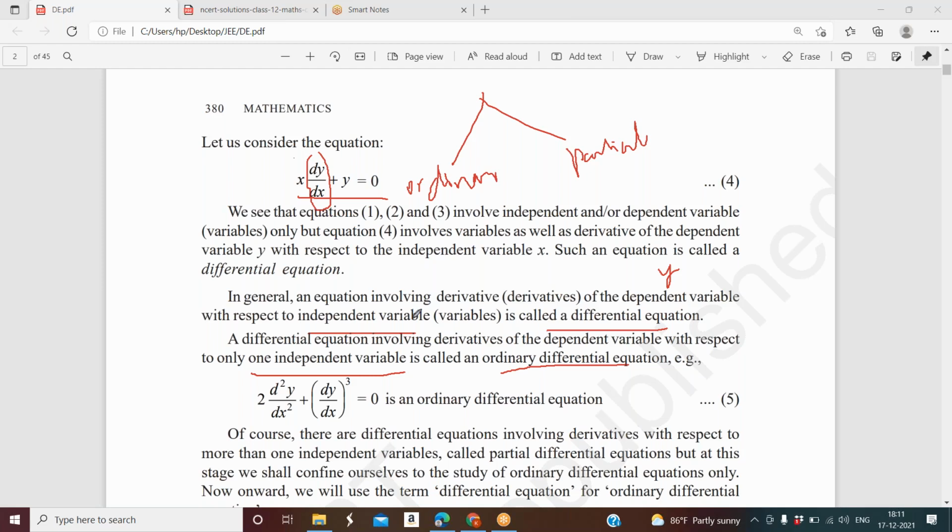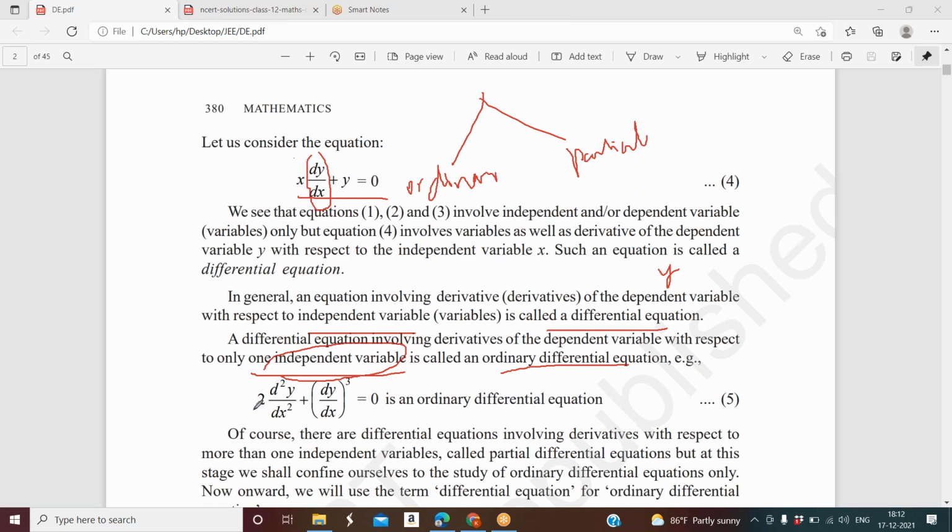What do you mean by ordinary differential equation? An equation involving derivative or derivatives of the dependent variable with respect to only one independent variable. That is called ordinary differential equation.